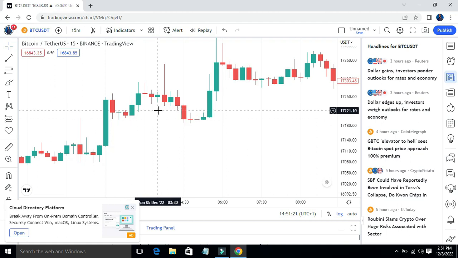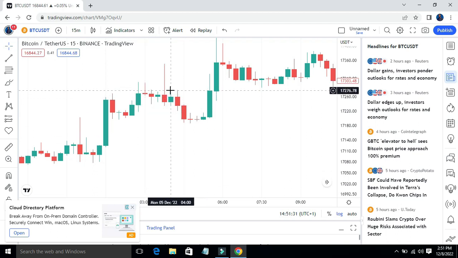Retail traders don't move the market. Those that move the market are the big traders, that is banks and institutions. So when you see these kinds of candles, they are reversal candles, indecision candles.